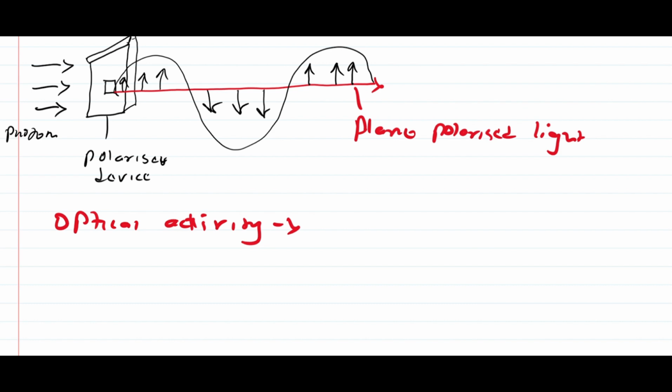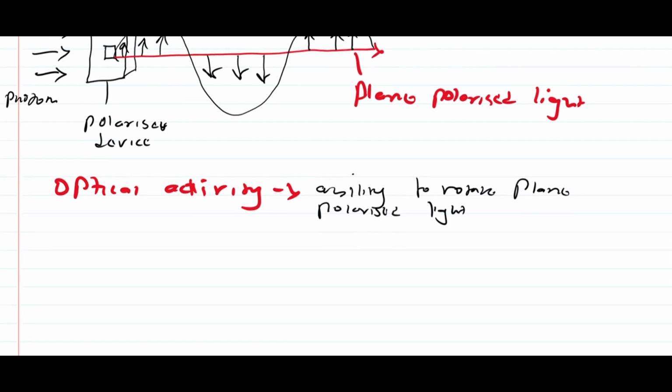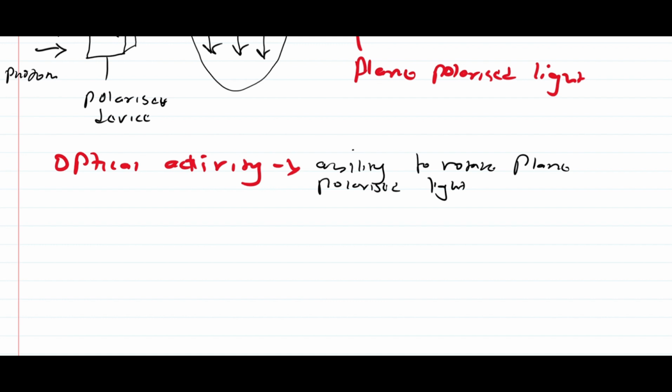Now, in optical activity, we are looking at the ability to rotate plane polarized light. And in the ability to rotate plane polarized light, chiral molecules are optically active.